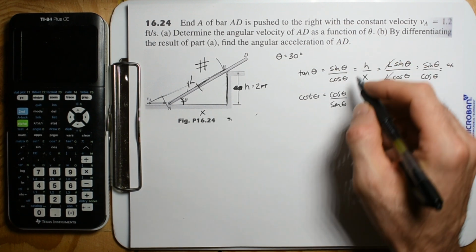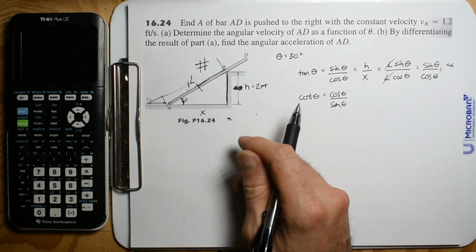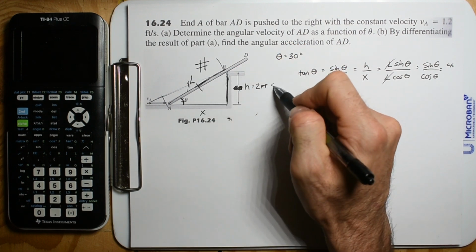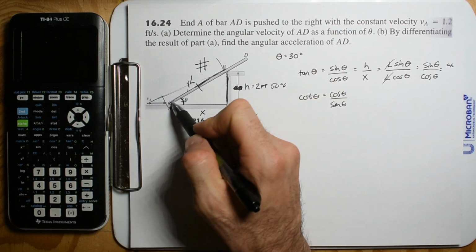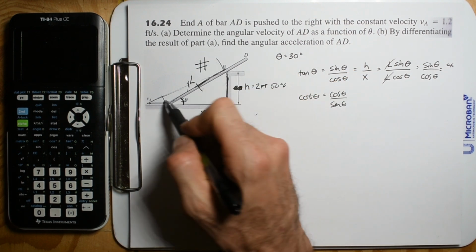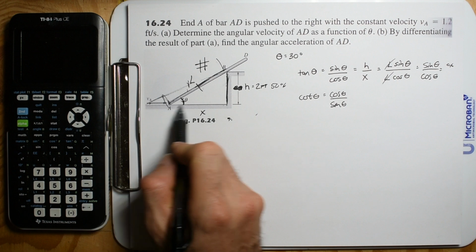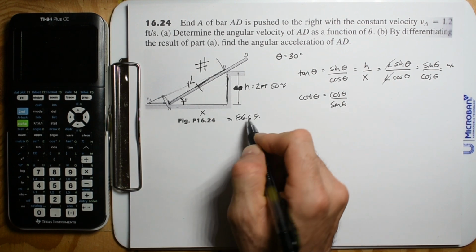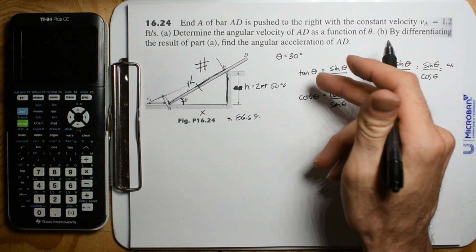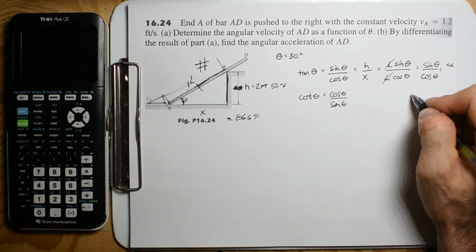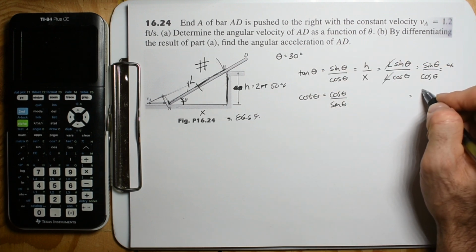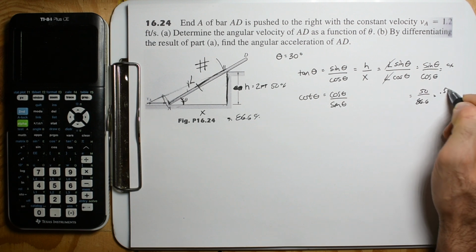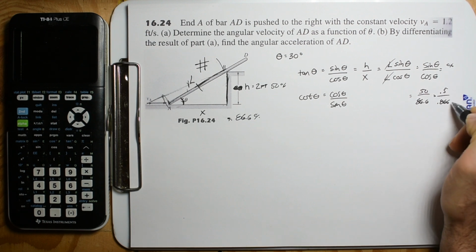Okay, but tangent is the percentage, so we're going to call this about 50% divided by this. If this is 100% of this whole thing, this looks like about 80%, and it's going to be 86.6% for this problem. So tangent is going to be either 50% divided by 86.6, or it's just 0.5 divided by 0.866.